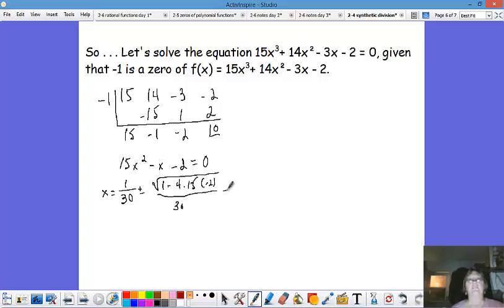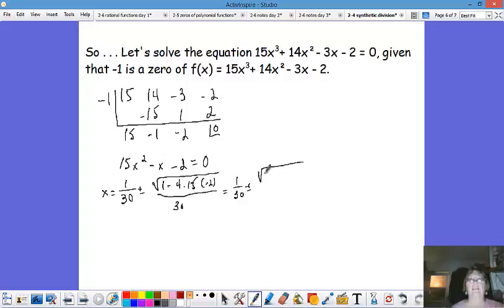Let's see, I'm going to work it out this way. 1 over 30 plus or minus, we're talking 4 times 15 is 60 times 2, right? That's 120. So it's 1 minus negative 120.